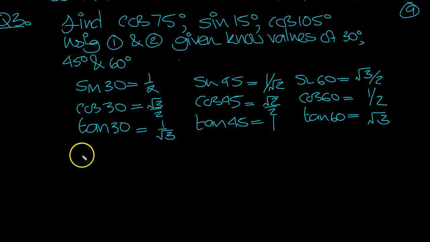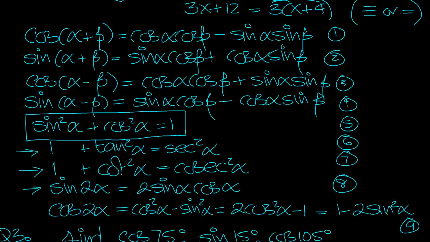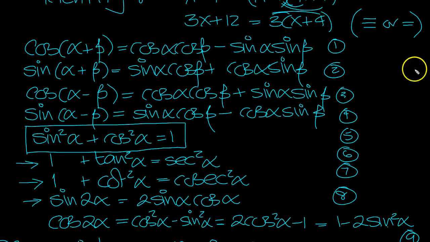Now 1 and 2, cos and sine. Cos 75, this one will be 45 plus 30, rather. It's cos A cos B minus sine A sine B, so cos 45 cos 30 minus sine 45 sine 30.